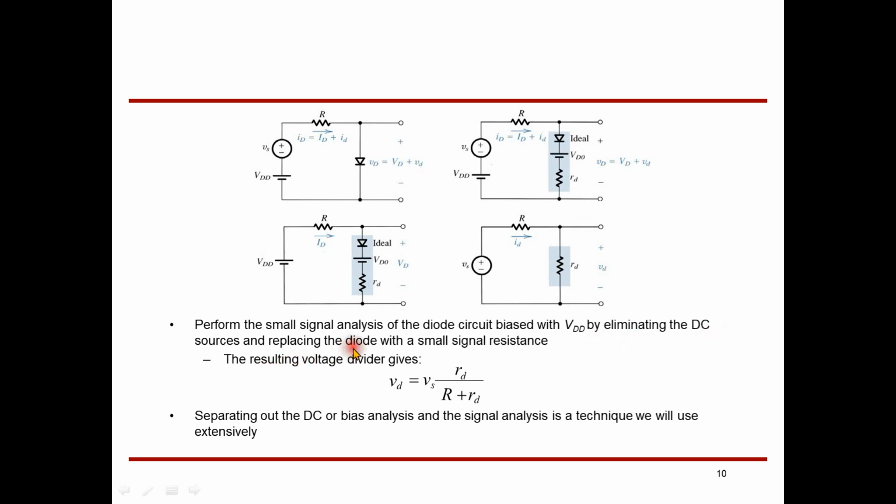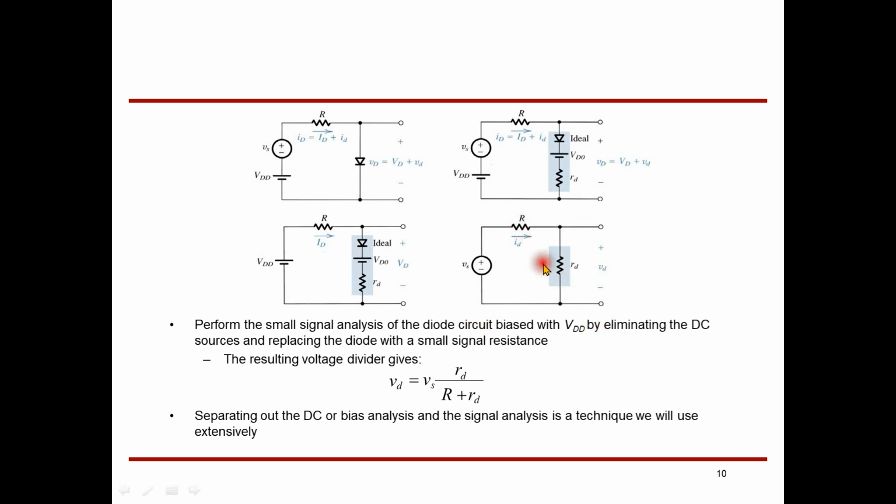Now finally, to perform the small signal analysis of a diode circuit biased with VDD, we eliminate the DC sources and replace the diode with its small signal resistance. The resulting circuit is a voltage divider. If we want to calculate the value of vd, the output voltage is vs into rd divided by the sum of the two resistances.